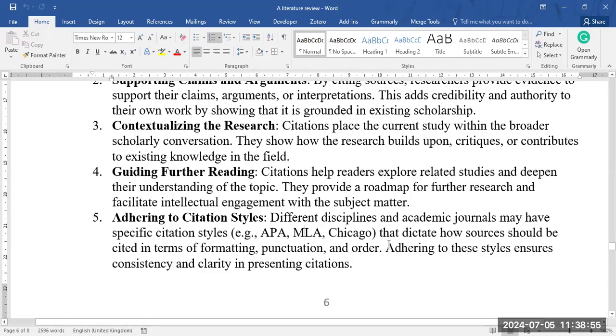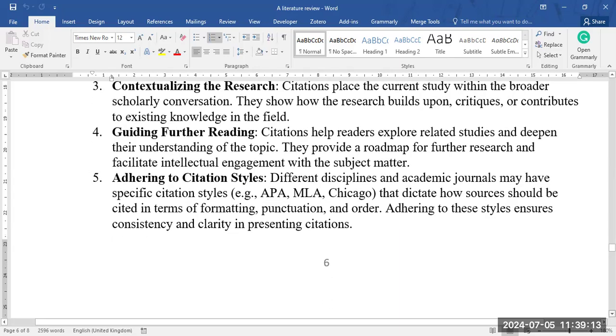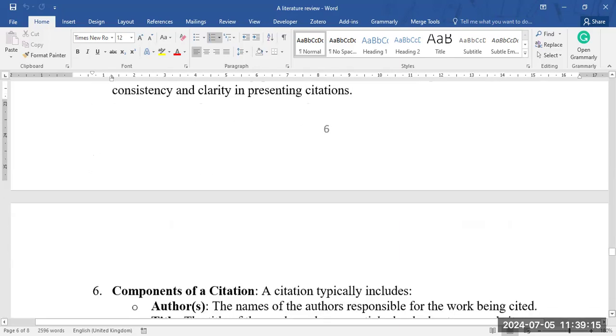If it is a book, who is the publisher, and if it is a research paper, what is the volume, right? What is the number, right? And the page number. These have to be in a standard format. So I will explain how we can cite the work.